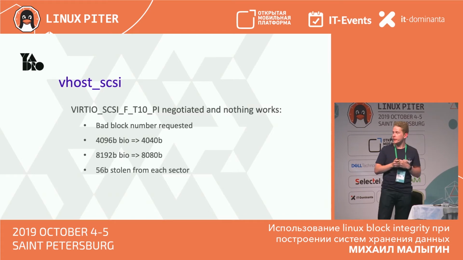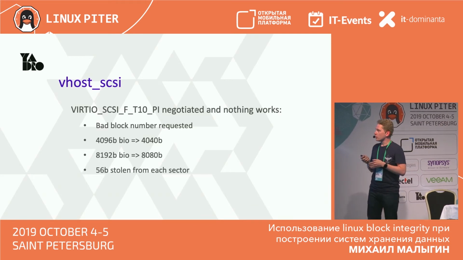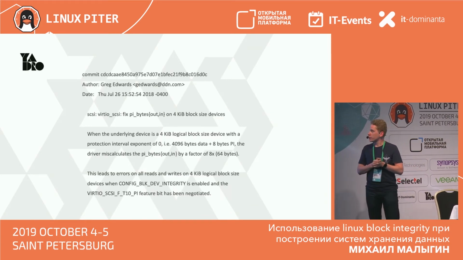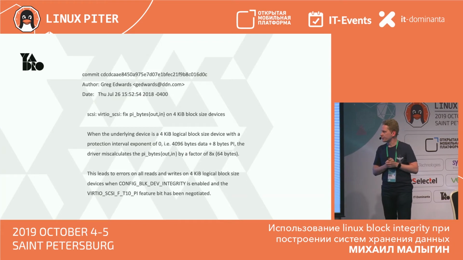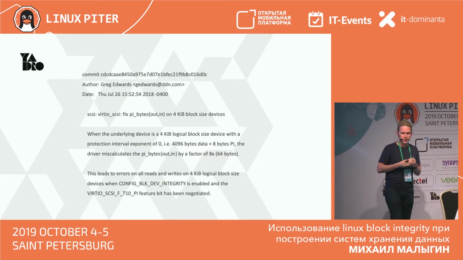And it appeared that data disappears inside vhost, and it is not correct. We can see this patch that was devised 1 year ago. Everything is broken in this structure for a 4 kilobyte block.